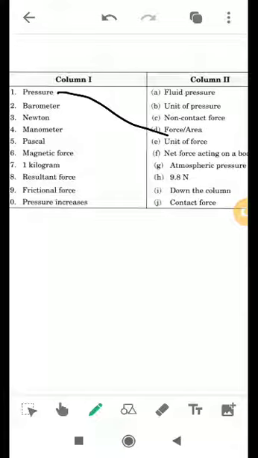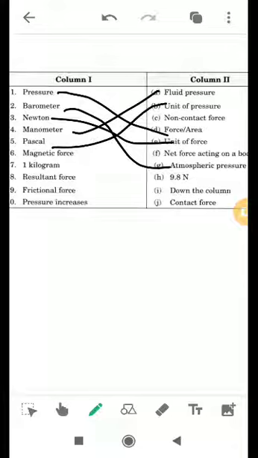Okay, let us see Newton. Newton is the unit of force. A barometer is a device to measure the atmospheric pressure, and Pascal is the unit of pressure.